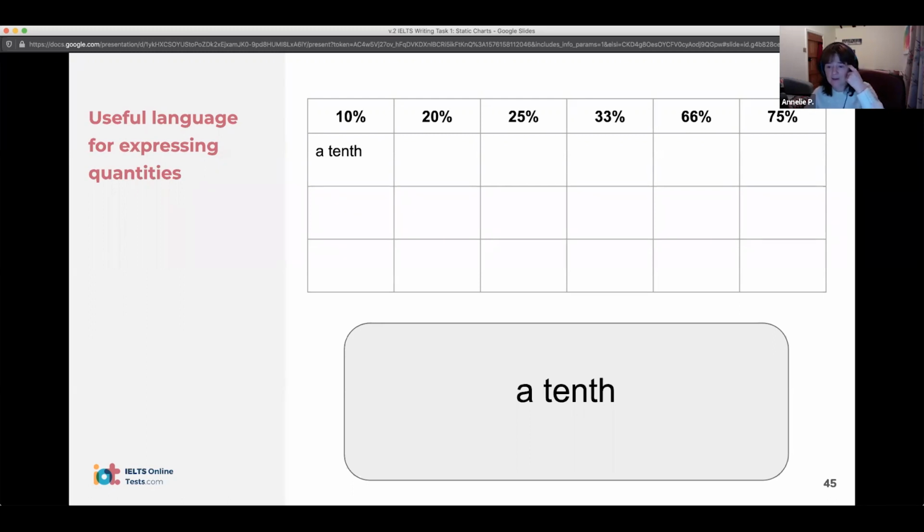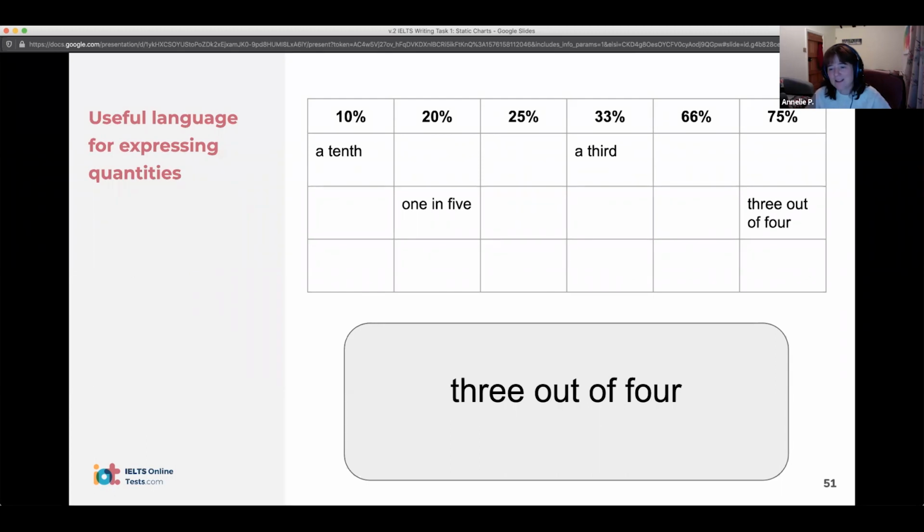So yes, as you've already said, 1/10 is 10%. How about the next one? Okay, very good. So we can also use ratios, so 1 in 5. The next one would be, okay, very good, 33%. 3 out of 4. Yeah, be careful, that's 75%, 3 out of 4.